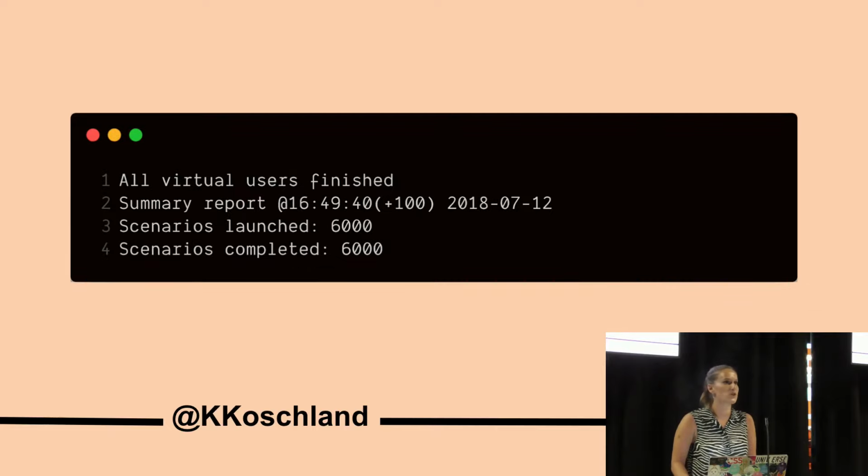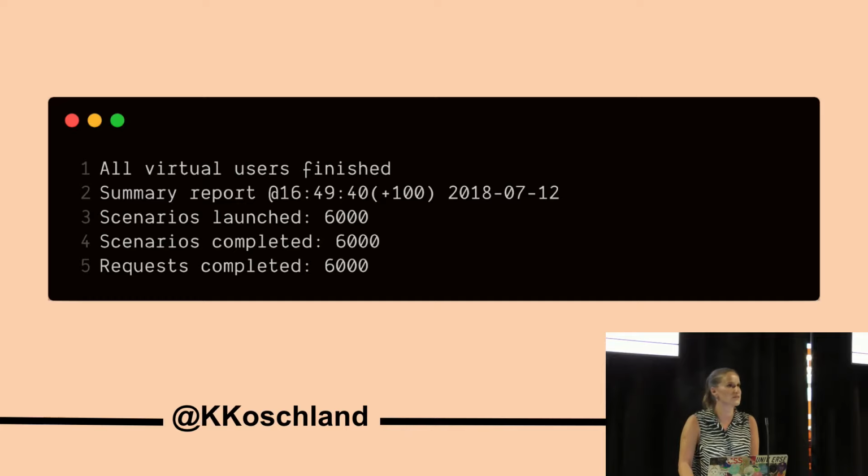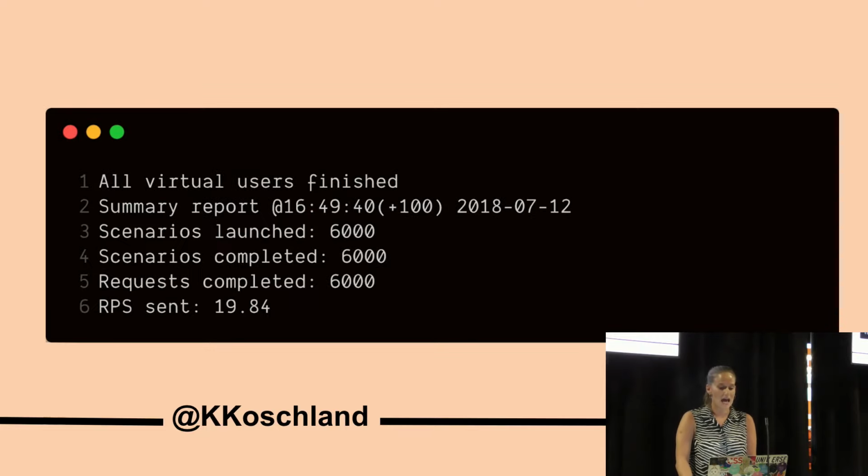You then have scenarios completed. That's the number of virtual users that have completed a scenario throughout the test. And then you've got requests completed. That's the total number of HTTP requests and responses sent. And then you've got requests per second, and that's the average number of requests per second completed throughout the test.